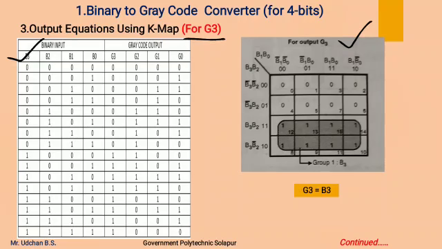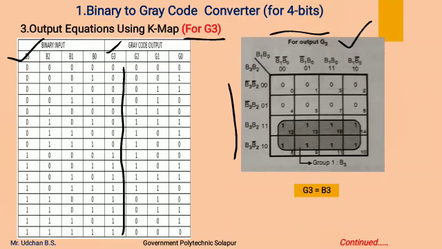This is the K-map. As there are 4 inputs, a 4-variable K-map is used. Vertically B3, B2 variables are taken, horizontally B1, B0 variables are taken. The entries of the G3 output are made onto the K-map.